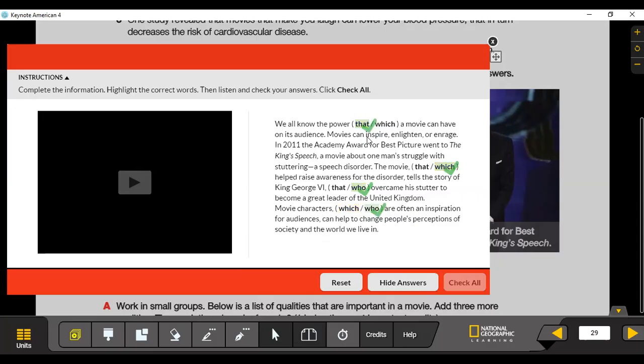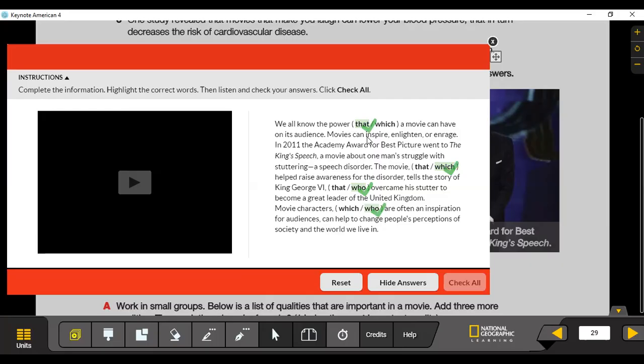Which one did you say you think it was, who? Number 4. For who? In this case, it says movie characters, who. For this one, we can actually take them as people. When I say movie characters, I'm referring to people specifically.